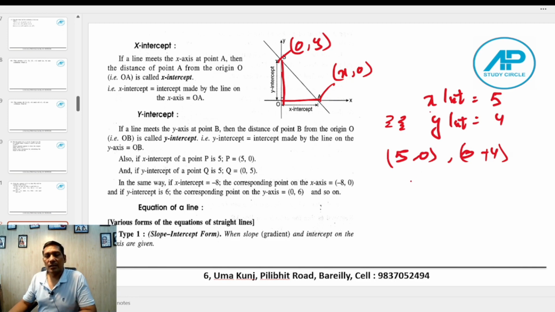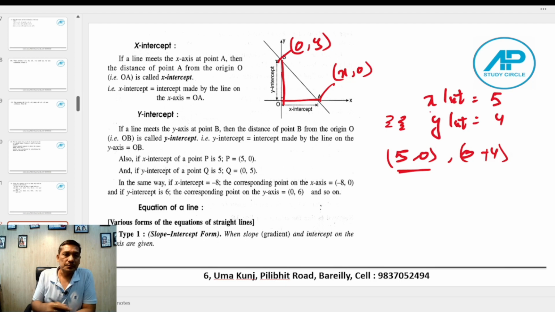The reverse: if the line's passing points are 5,0 on x axis and 0,4 on y axis, then the intercepts are 5 and 4. The x intercept is 5, the y intercept is 4. Where do we use these? I'll tell you later on, but right now let us move ahead from this topic.